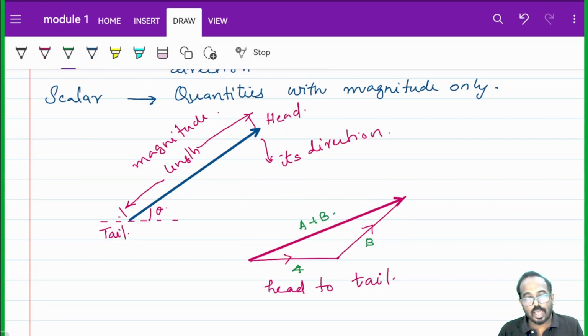So graphically, if you want to add two vectors, make sure they are joined head to tail.